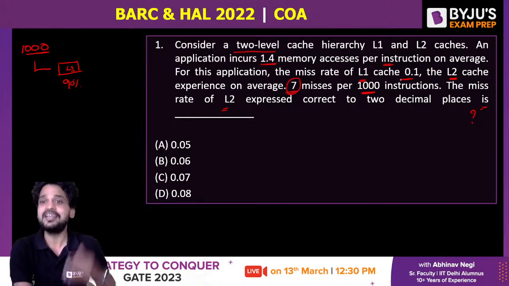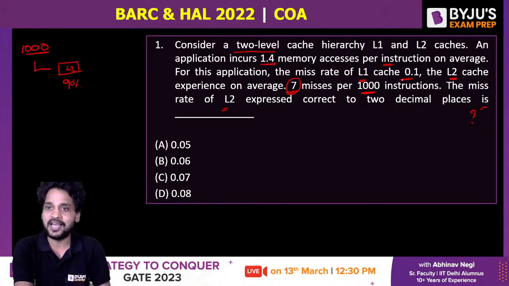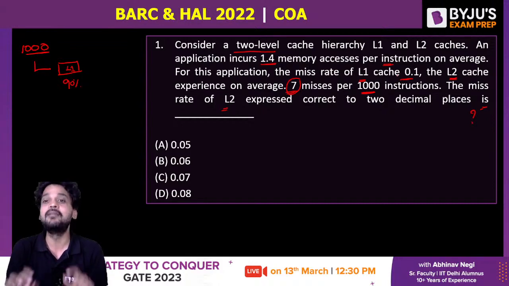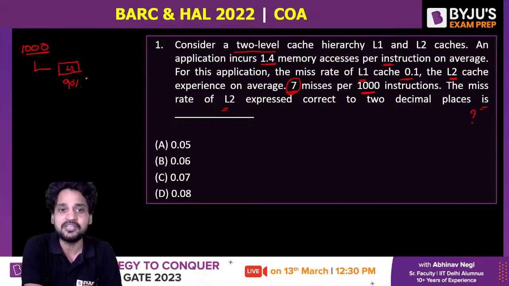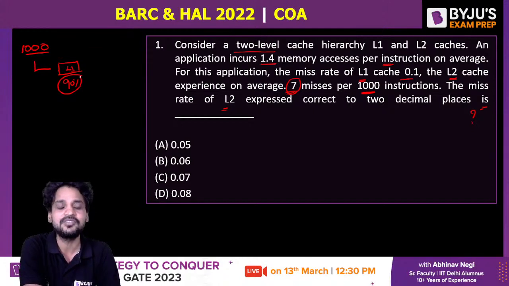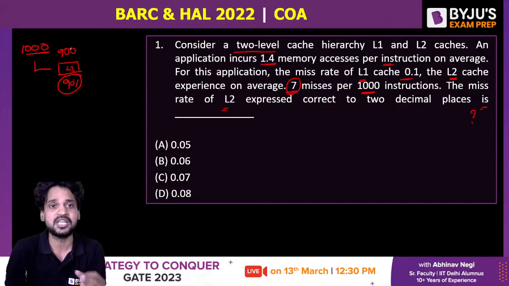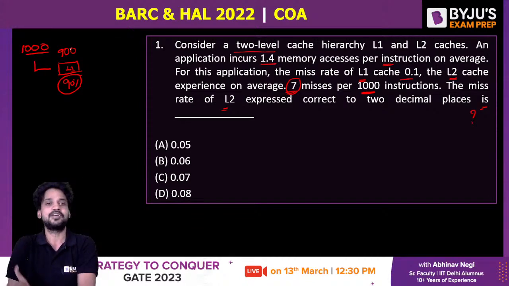That is, the hit rate of the L1 cache is 0.9. In percentage, it will be 90%. So out of 1000 instructions, from the L1 cache we will be able to fetch 900 instructions right away.